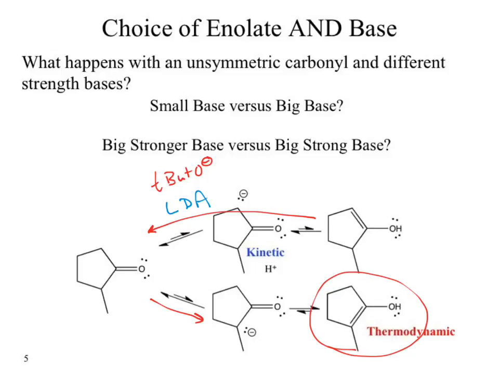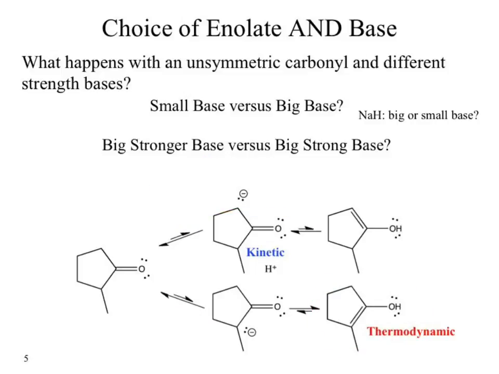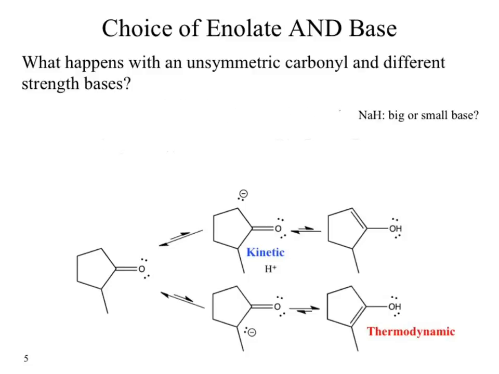Okay. Sodium hydroxide. Or sorry, sodium hydride. Big or small base? Okay. I said it was really big. You all gave me this weird quizzical look. Why would you give me a weird quizzical look? Why is sodium hydride not big to you guys?